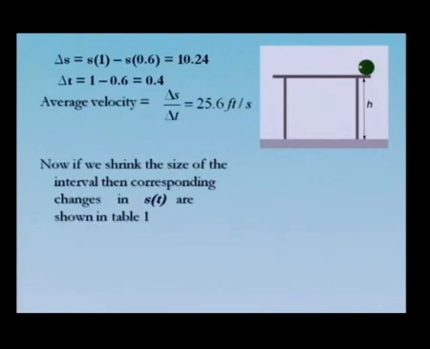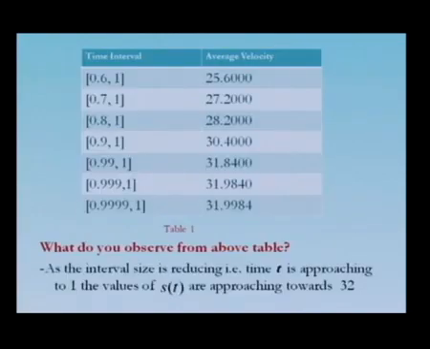Now using the formula of average velocity, we calculate average velocity equals 25.6 feet per second. So this is the average velocity in the time interval 0.6 to 1. Now suppose we shrink the size of the interval, then the corresponding changes in s(t) are as given in table 1. When the time interval is 0.6 to 1, average velocity is 25.6.